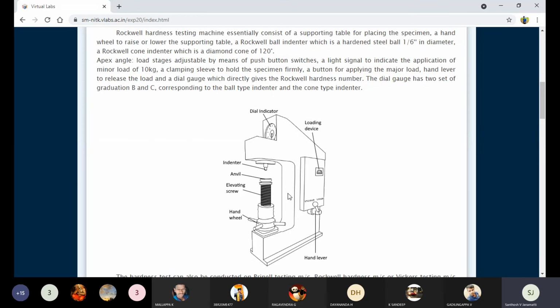In that chart everything is available: type of the material, type of the load, type of the indenter, and type of the scale. Just determine what kind of material you have chosen. If this is cast iron, you come here, find cast iron in the chart, and according to it you can select the type of the load, indenter and scale. That's it, a simple case.